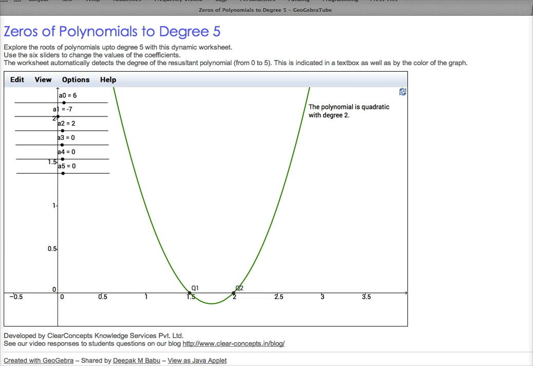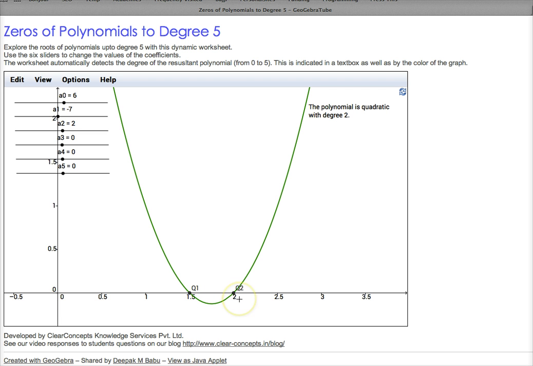Okay, very good. Let's look at the roots. It's a quadratic polynomial. We should have 2 roots. Okay? Aren't the 2 roots, as we said, x equals 3 by 2, which is 1.5, and x equals 2, which is just over here.